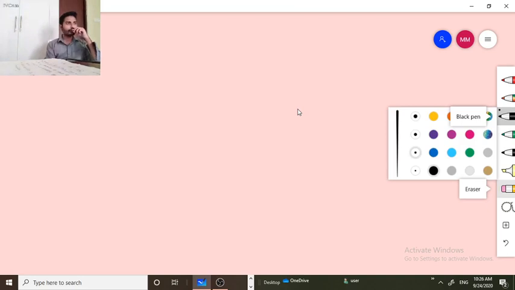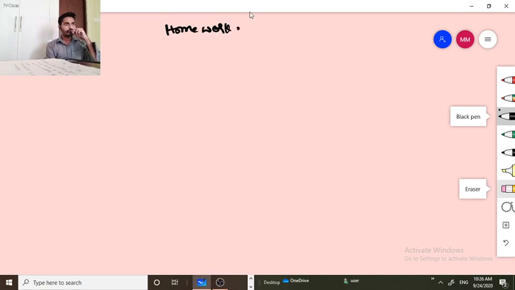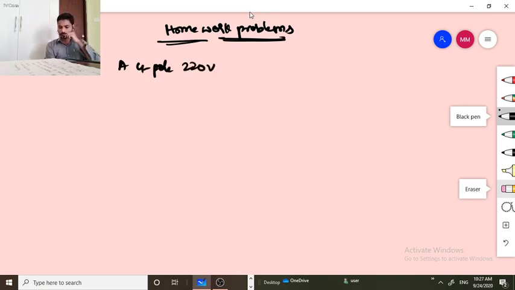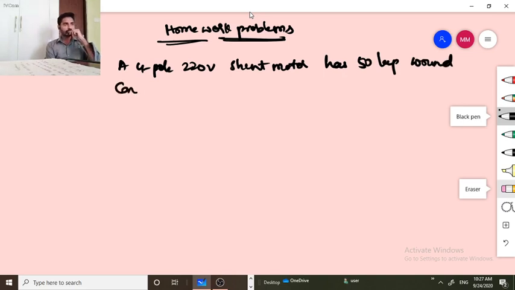Now I want to give a homework problem to you. A 4 pole 220 volts shunt motor has 550 lap wound conductors.